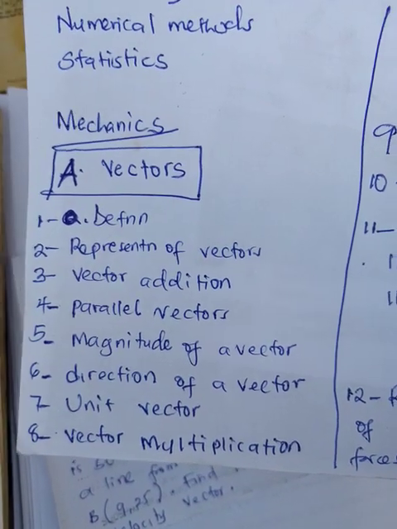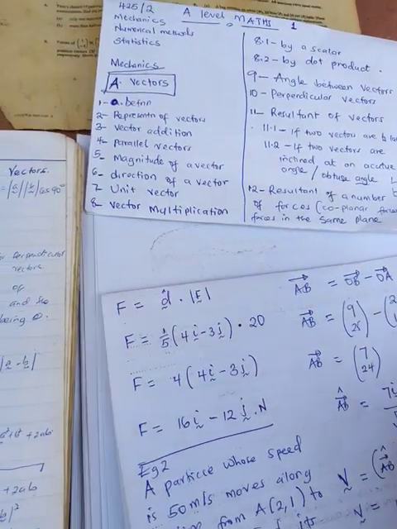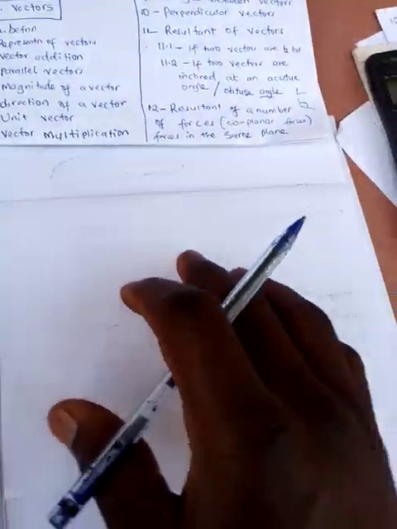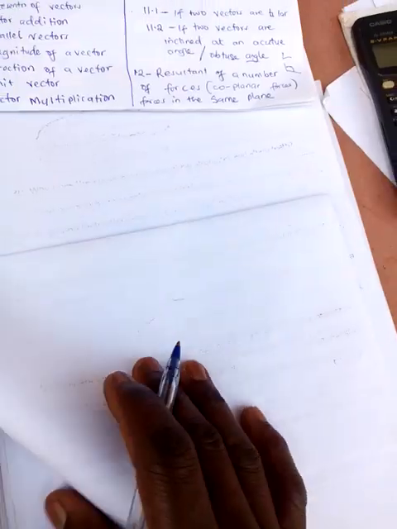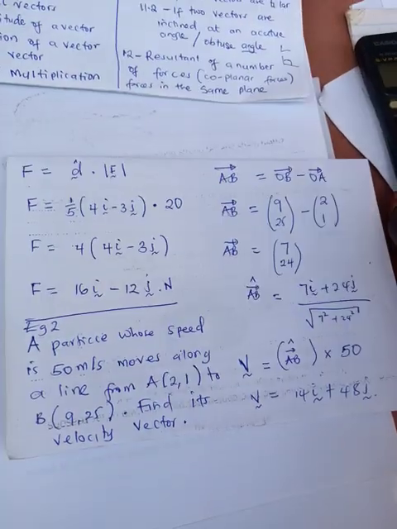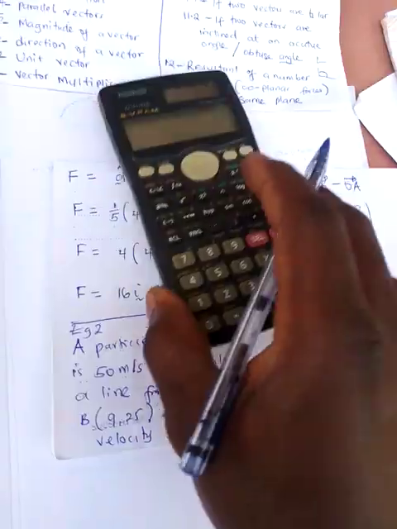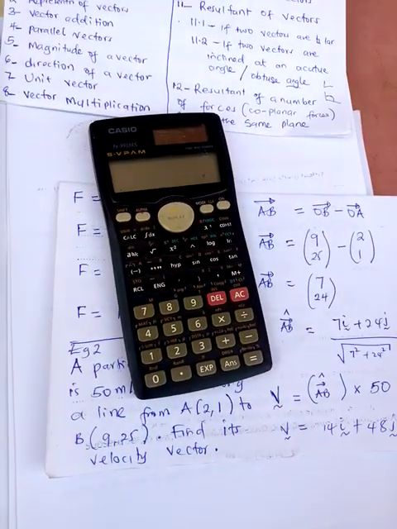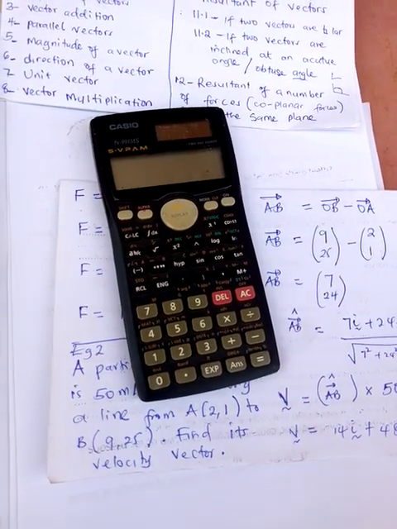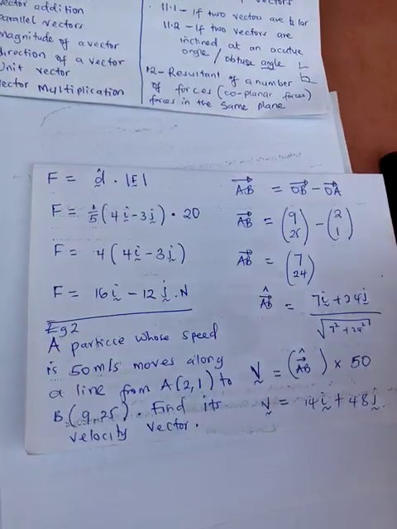We are free to move on to vector multiplication, which is number 8.